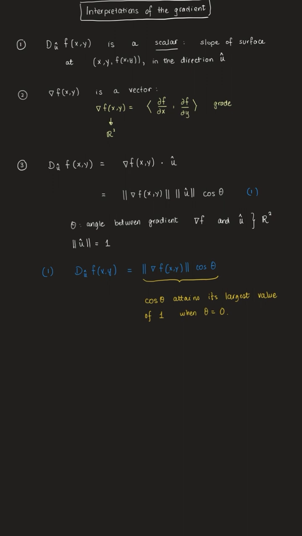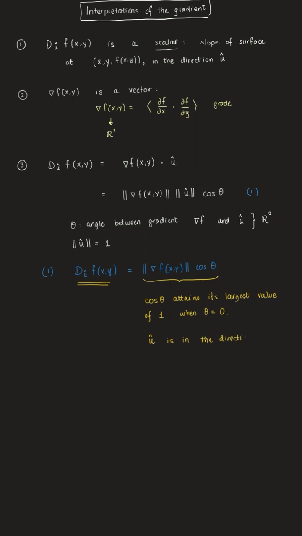So that means that the directional derivative, or the slope of the tangent line, will be greatest when our unit vector is in the same direction as the gradient, right?